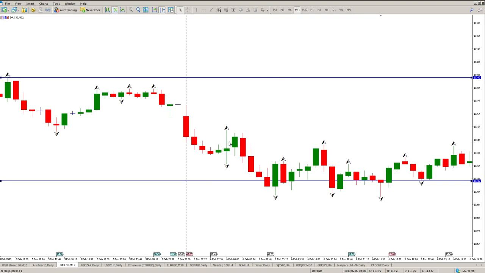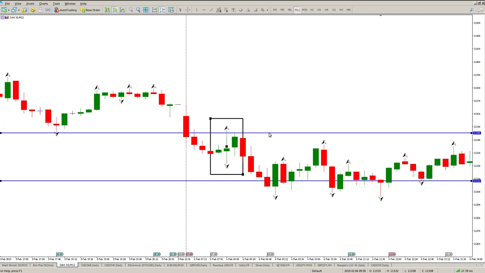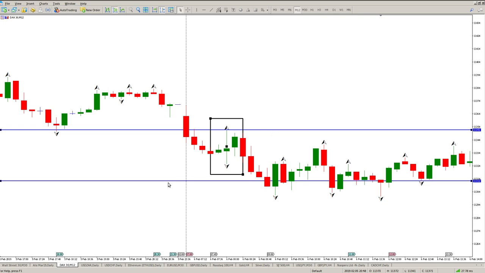Now, if you look at this area here, which is a very interesting environment, and you often don't see it, but when one bar is a fractal to the top and a fractal to the bottom, what it is telling you is that you have a range bar.